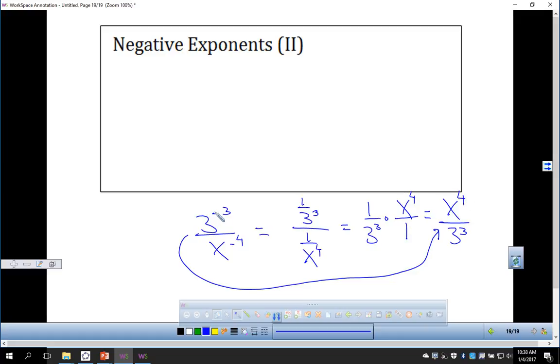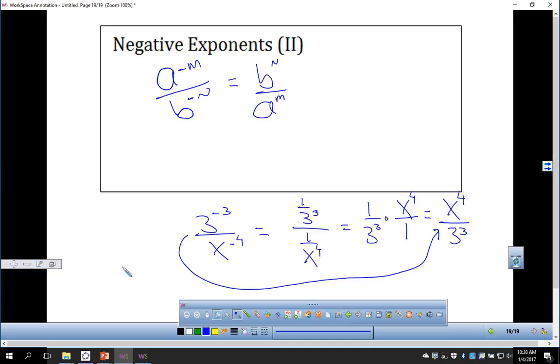If it's negative on the top, I can bring it down to the bottom and make it positive. So the second rule says this: a to the negative m over b to the negative n is equal to b to the positive n over a to the positive m.